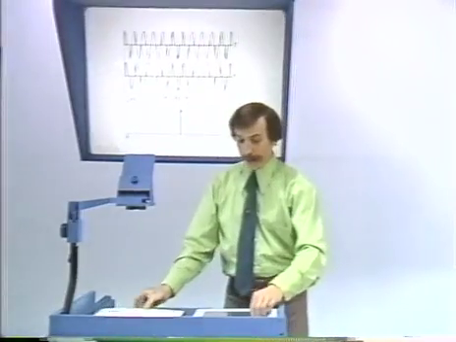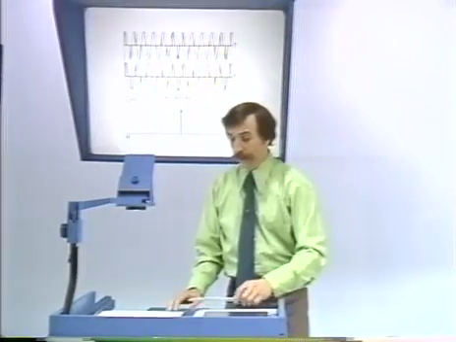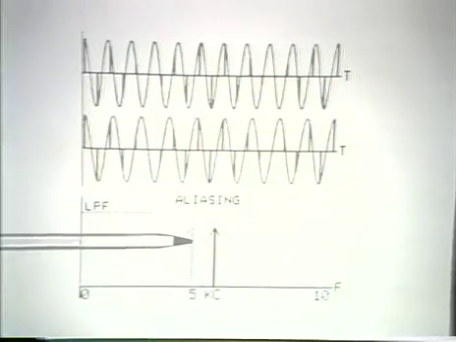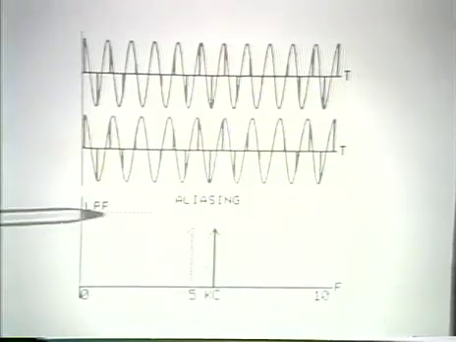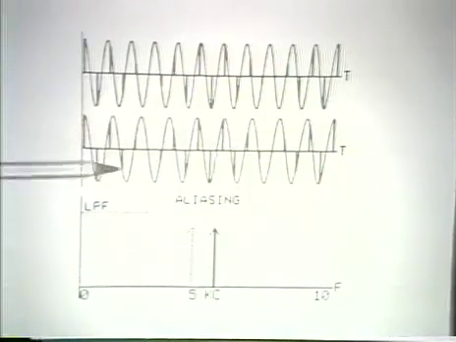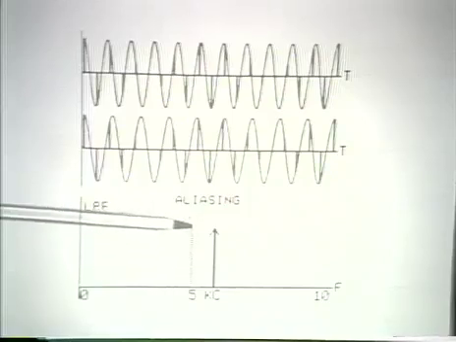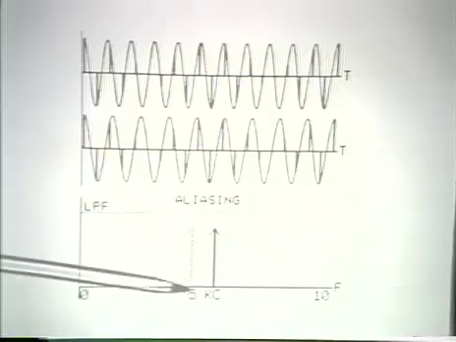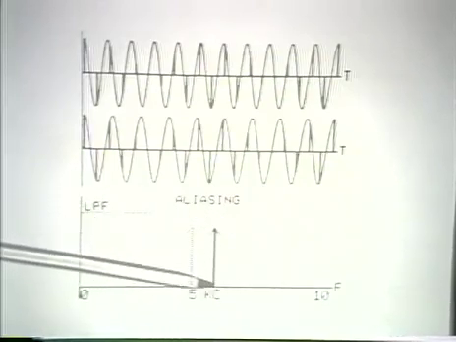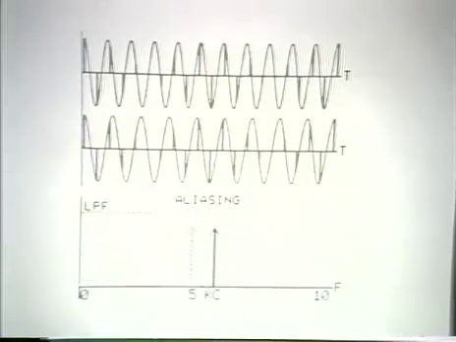So here now is a case where we have aliasing. The replication of the negative frequency has crossed into the passband of the filter, and the reconstructed sinusoid will now be the frequency associated with this impulse rather than the frequency associated with the original sinusoid.